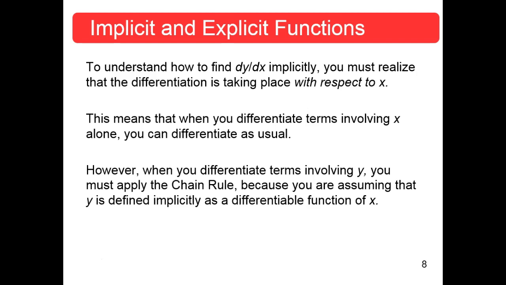However, when you differentiate terms that involve y, you must apply the chain rule, our favorite, because you're assuming y is defined implicitly as a differentiable function of x. If it isn't, then the whole problem doesn't make any sense. If it's not a differentiable function, you can't take the derivative. So that's our assumption here.